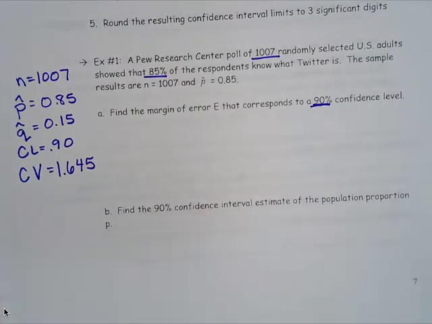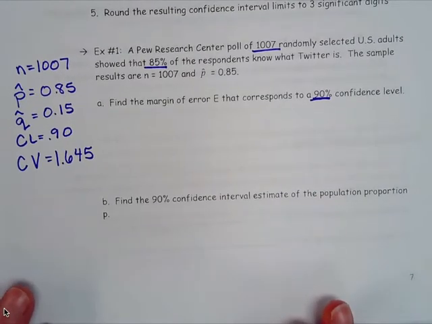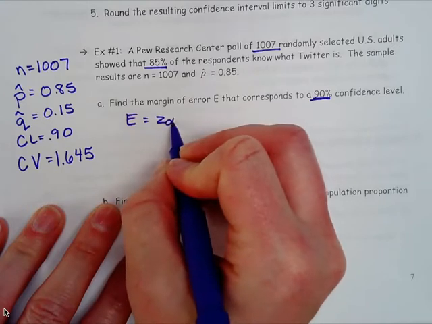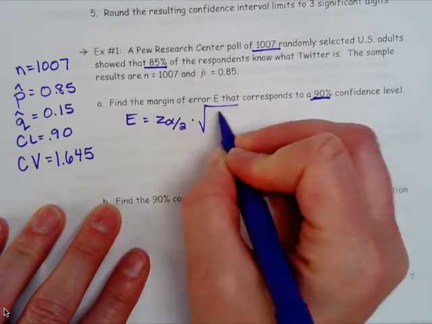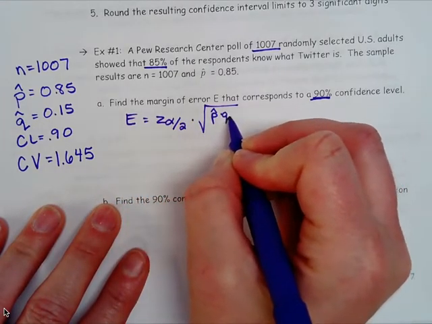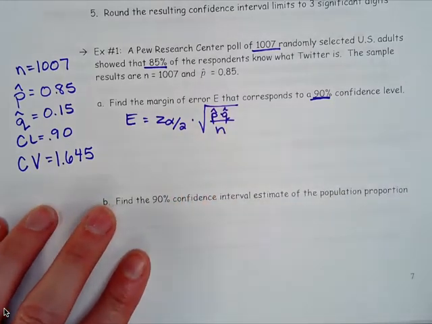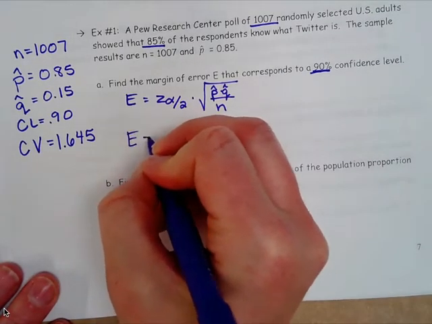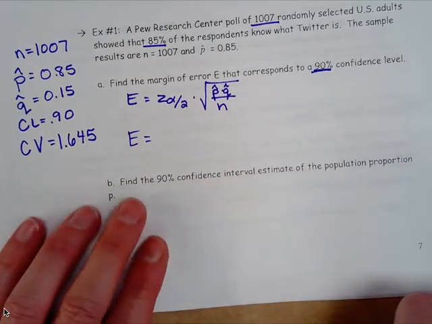Okay, we have everything we need. So all we have to do is plug it into the formula. So we need to find our margin of error. Here's the formula, which is above it. So I'm going to write it down and then we'll put it in our calculator.